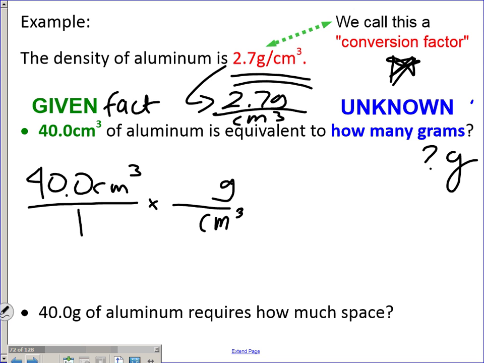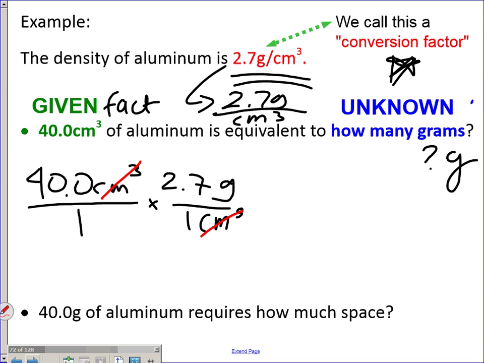So that fraction is going to be put right here. 2.7 has to go with the grams, because that's what the density is. And if you want to put a 1 down here, just to hold the place, to show that you're dividing by 1, that's fine. But the big deal here is really that you can cancel your units. Centimeters cubed on top, centimeters cubed on bottom, cancel, and then now we can do the math to find the grams that 40.0 centimeters cubed of aluminum would take up. So that's why everybody has a calculator.